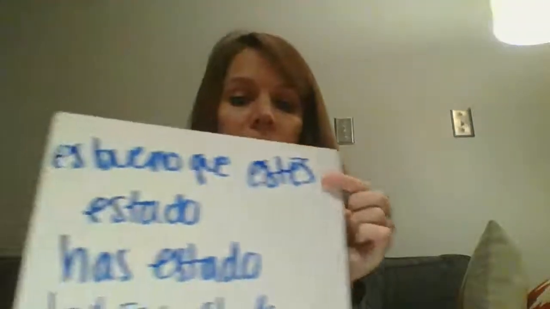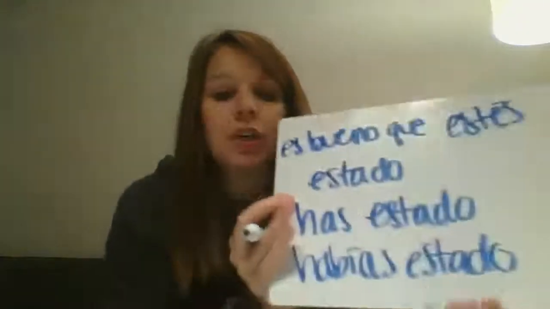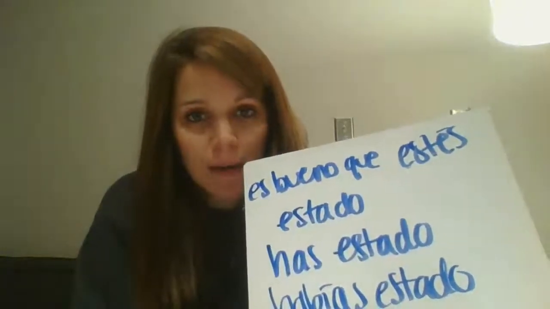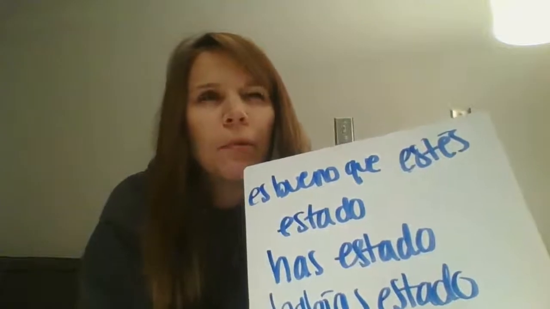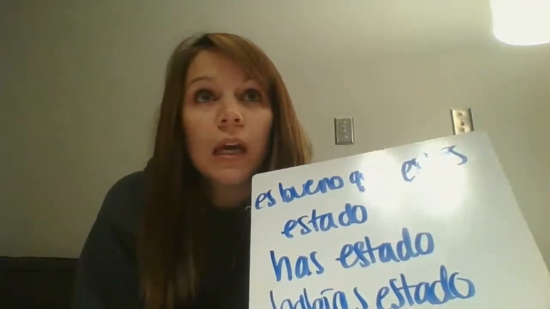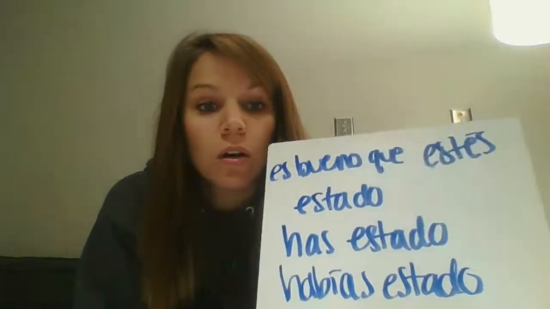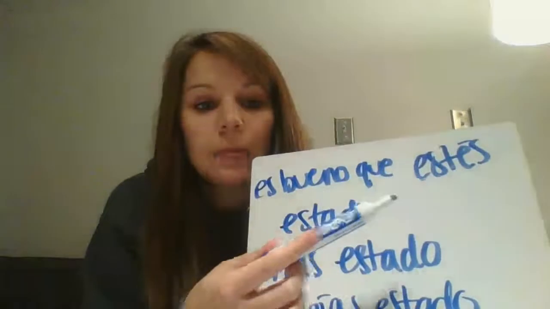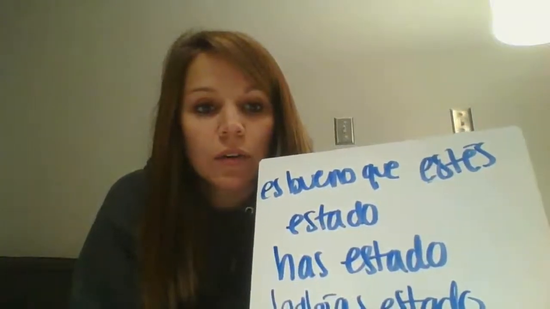So check yours here. So this es bueno que triggered my opposite ending for the tú form. So estés with an accent. Estar pretty much always has accents except for in the nosotros form and the present tense yo form and the preterite. There's not accents a handful of times, but when it comes to opposite ending, they all have accents except for nosotros.